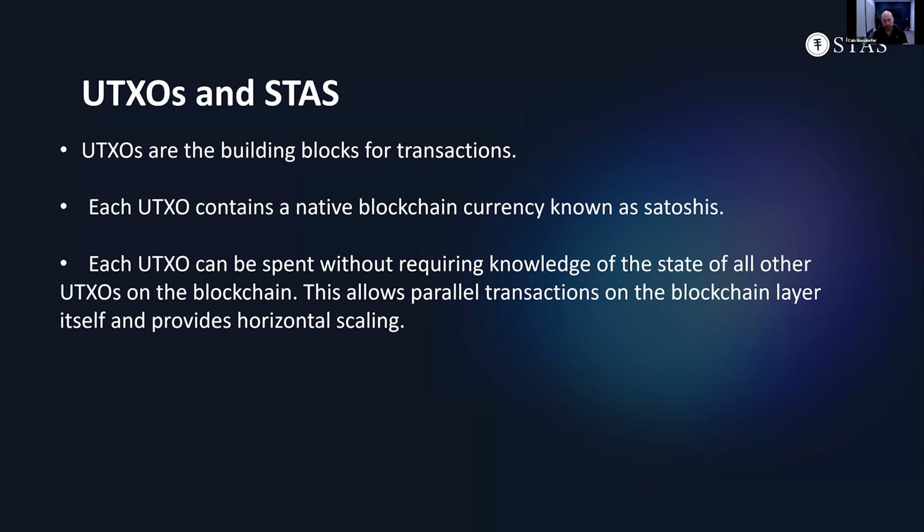And this is a very key point to make, because when we're talking about building token protocols and these technologies, we want to build it on something that's going to have longevity and not become a hindrance later on and a waste of time. So what that means is we need a scalable blockchain. With a UTXO-based blockchain, you can spend many UTXOs that are available to be spent, and you can do that all at the same time because they only care about themselves.